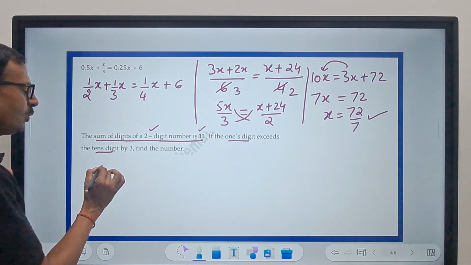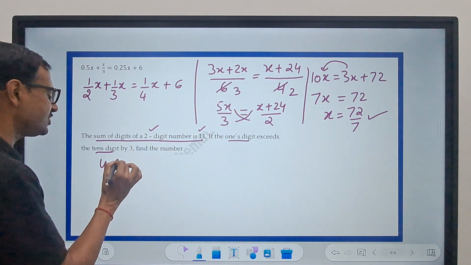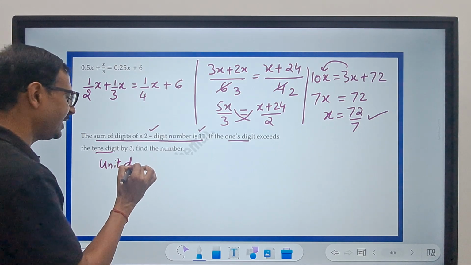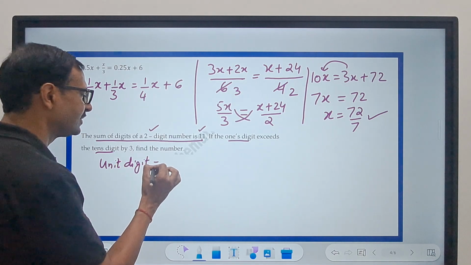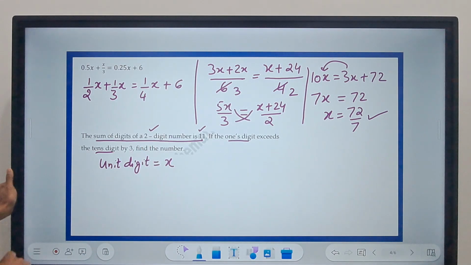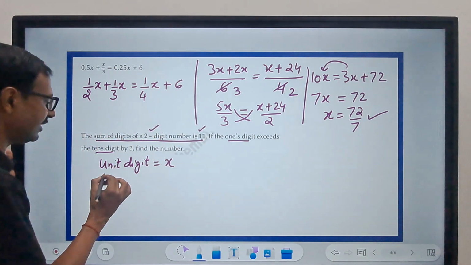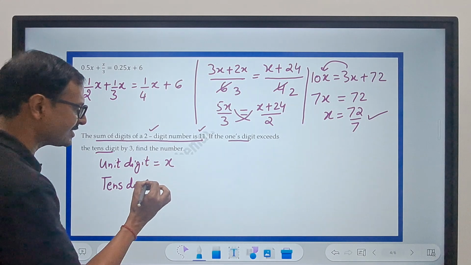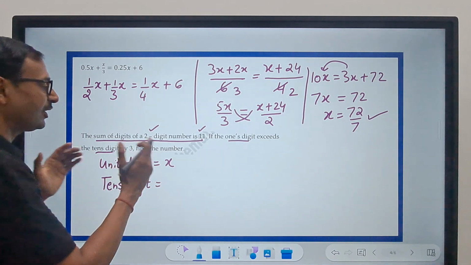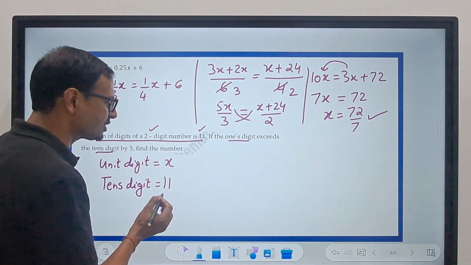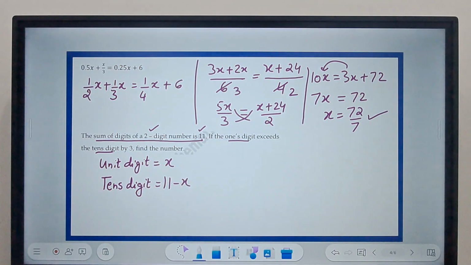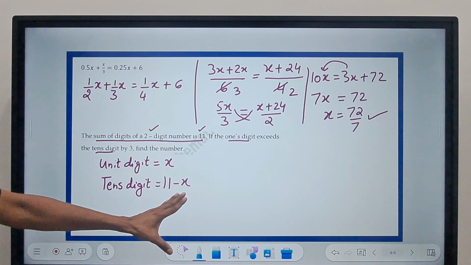So if you assume that the unit digit is x, now the sum of digits being 11, the tens digit will be, see, if the sum of two things is known and one of them is known, you are going to subtract the first digit from the sum to get the second digit, right? If unit digit is x, then tens digit is 11 minus x.